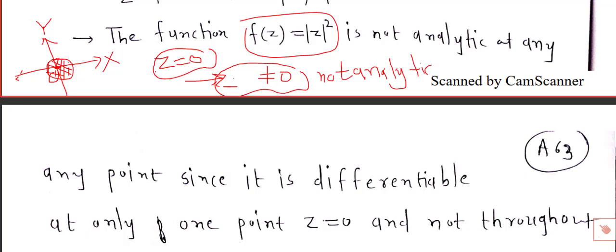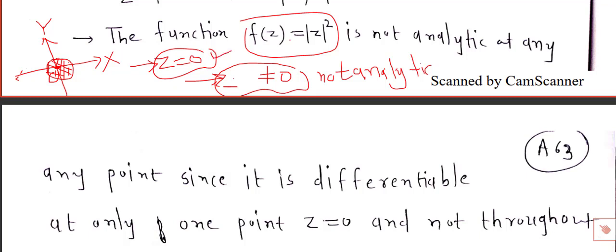If we consider any circle however small with center z equal to 0, then in that circle there are other points except 0, and the function is differentiable at z equal to 0 only. Therefore the function can never be analytic at z equal to 0 also.